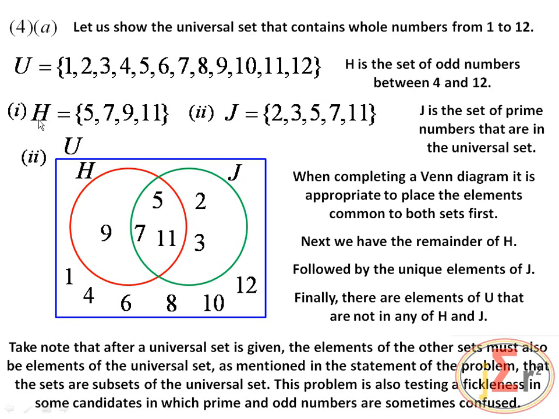But some students, as soon as they see H is the set of odd numbers, write down 100 odd numbers, neglecting the fact that only some of those odd numbers belong to the universal set, and those are the only ones that pertain to this particular problem.